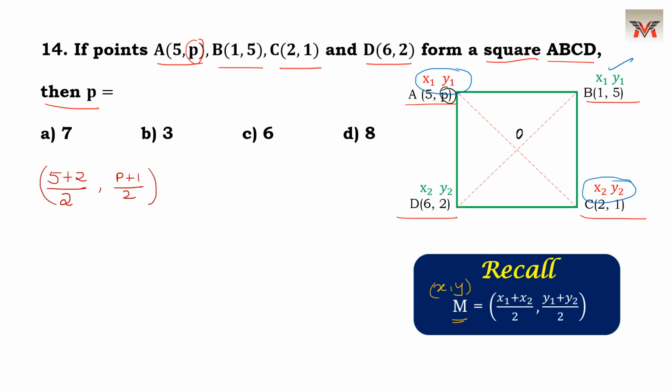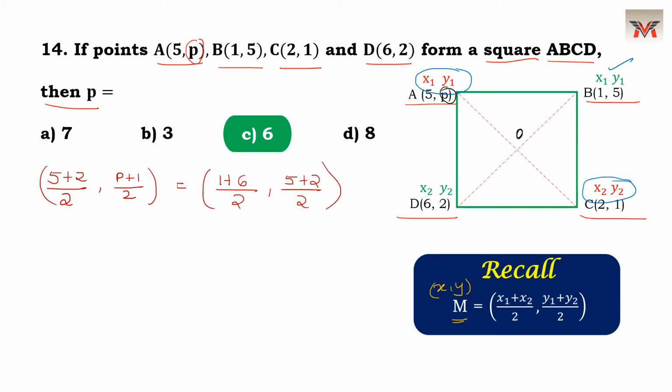We equate it to the midpoint of the diagonal BD, which is (1 plus 6) divided by 2, comma, (5 plus 2) divided by 2.